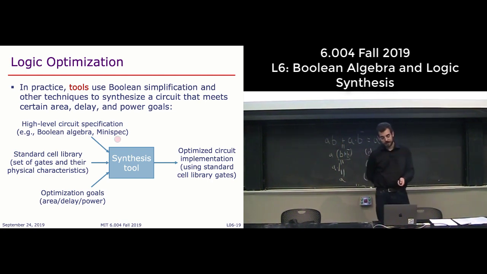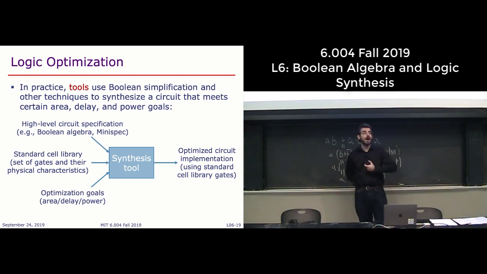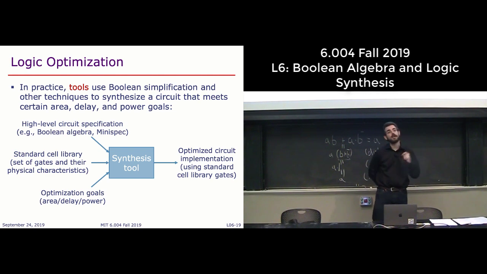Synthesis tools essentially take 3 inputs. So you start with some high-level circuit specification. For example, we can have the Boolean expression for the combinational circuit that we want to implement. We can describe them in minispec, which is what we'll be doing in the labs from now on. And we also need a standard cell library, essentially a library or a set of gates and their characteristics. How much delay and area does each of these gates consume?